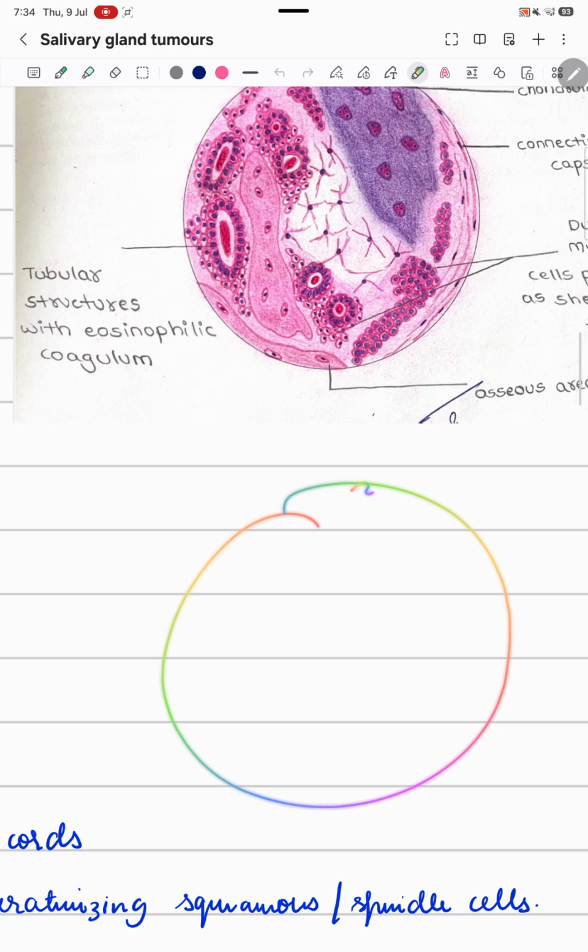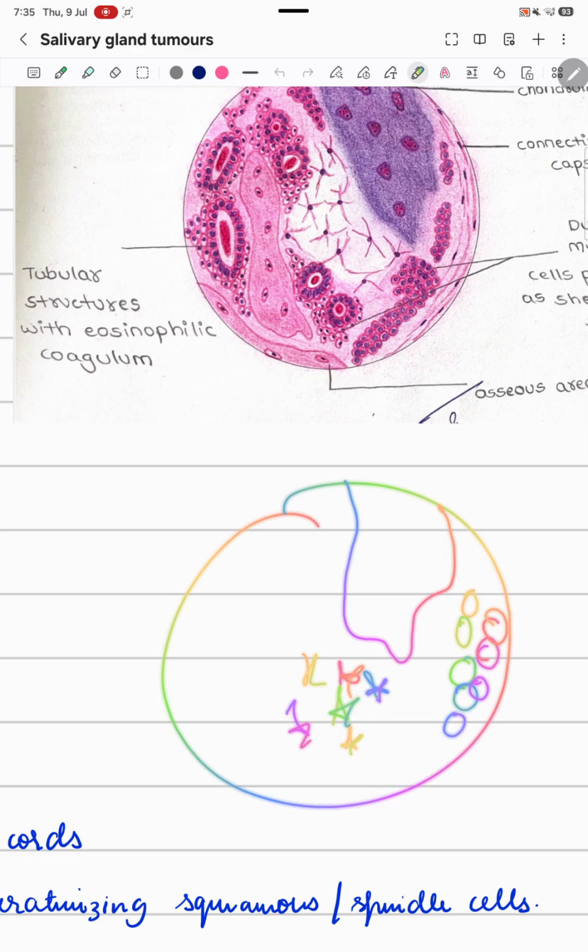So it is like this, and it has a chondroid area, the ductal components, and your myoepithelial cells in the center. I'm just drawing a very rough diagram. Then it has the cystic degenerations, which have an eosinophilic coagulum, and then it has bone.